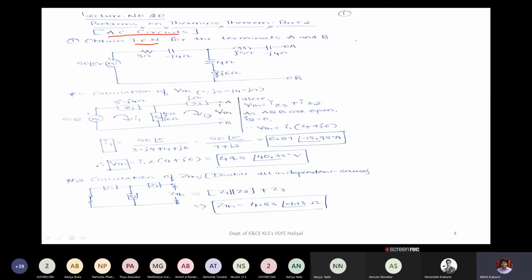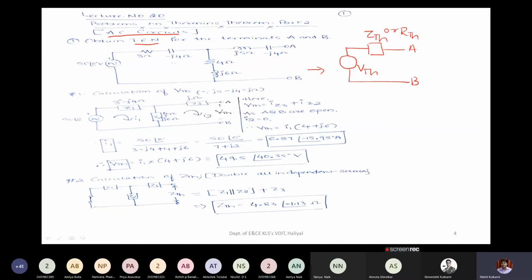So we have to calculate VTH and ZTH. We call it ZTH when you have an inductor, resistor and capacitor combination. Otherwise, if you have only a resistive network, we can just call it RTH.